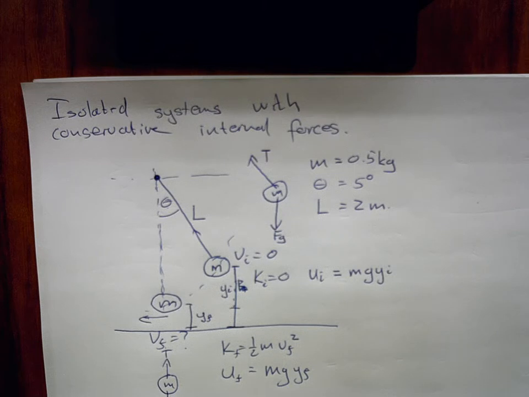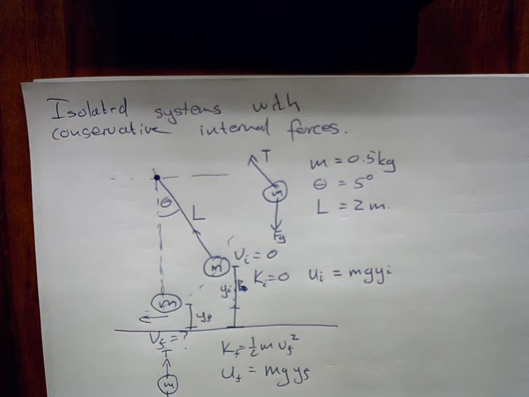So it cannot move lower than that point. So in that sense, this is like the baseline potential energy, the lowest potential energy it can have. So we can effectively make that 0. But I'm going to do it more generally, and you'll see it cancels out anyway.